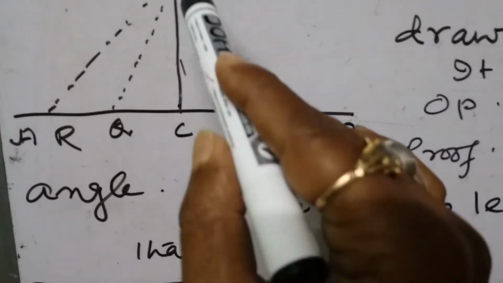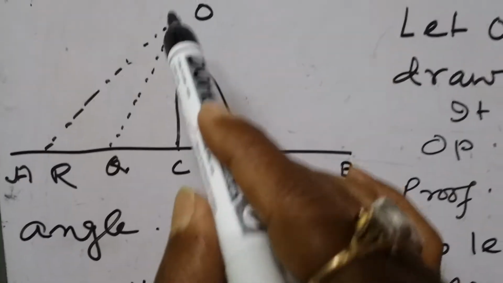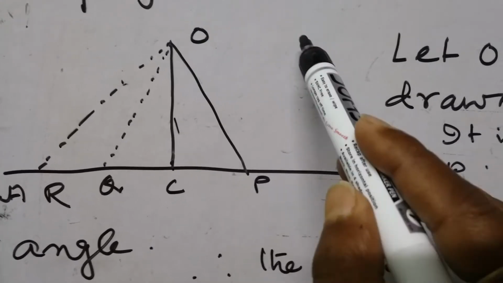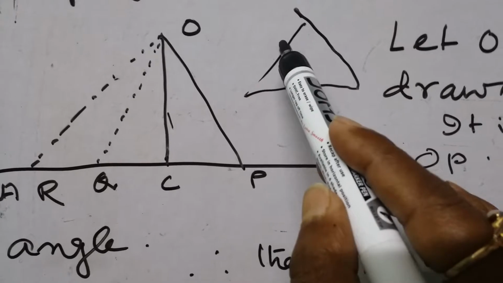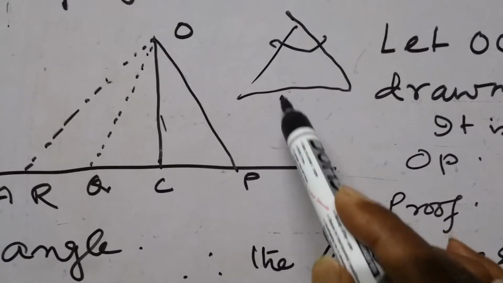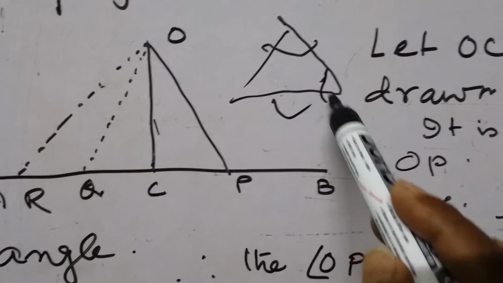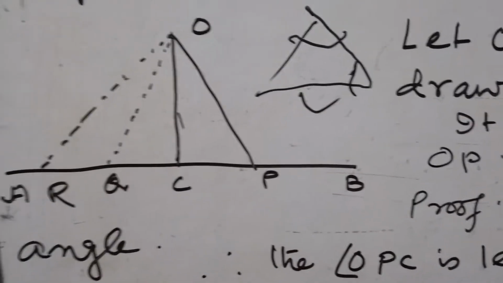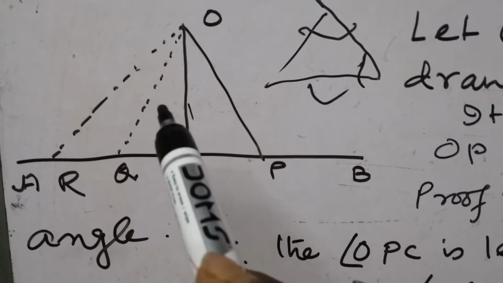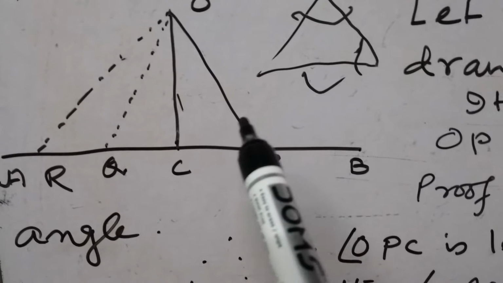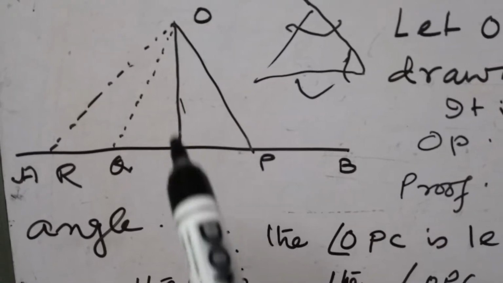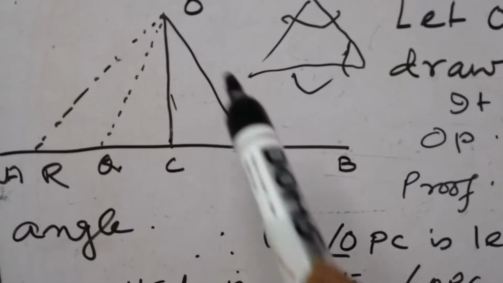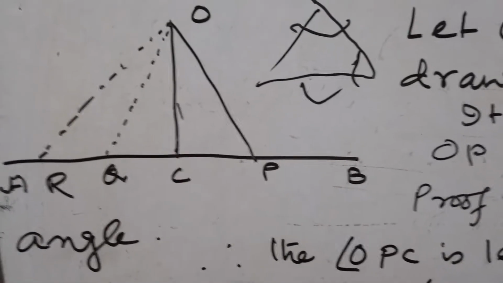We know one theorem: in any triangle, if an angle is greater, the side opposite it is greater, and if an angle is less, the side opposite is less. Since OCP is 90 degrees and OPC is the lesser angle, OP is greater than OC.